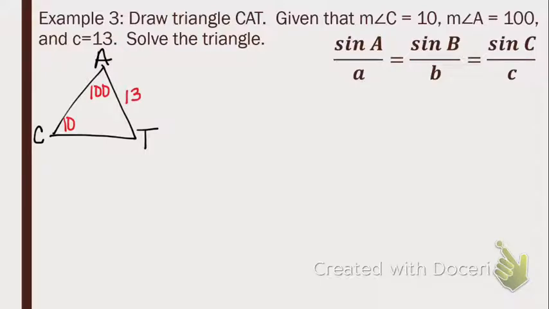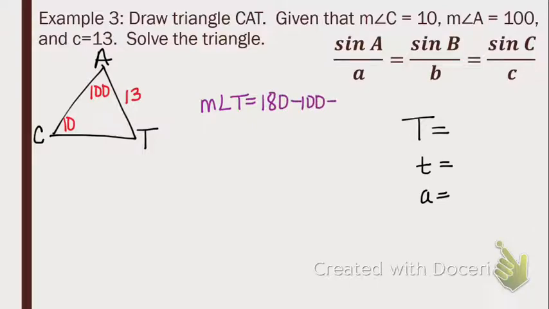We need to find the measurement of angle T. We also need to find side T. And we need to find side A. So the measurement of angle T is 180 minus 100 minus 10, which is 70 degrees.